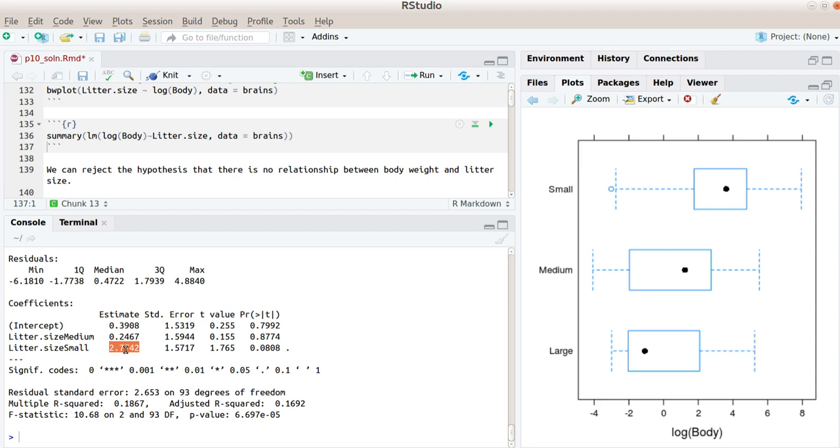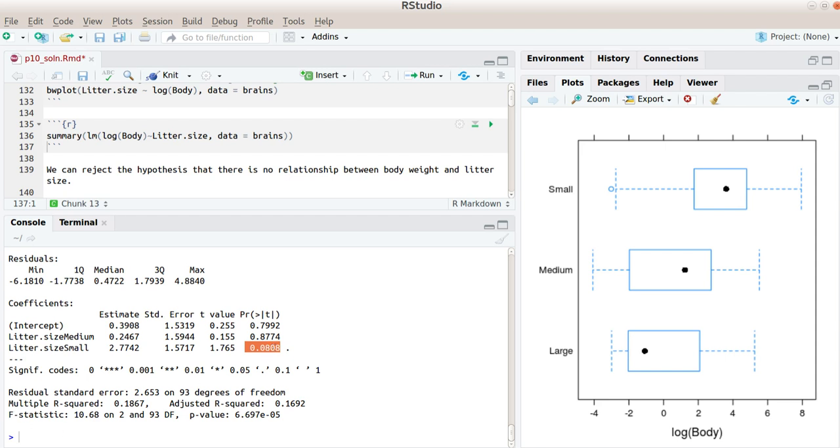According to the null hypothesis, if you're trying to predict the log body weight from the letter size, it basically doesn't matter. You'll predict the same thing every time, the intercept. On the other hand, for the t-tests, the null hypothesis is that this estimate is 0, and the p-value for that is here. And the null hypothesis for the other estimate is that it is 0, with its corresponding p-value. That is how you would usually do things.